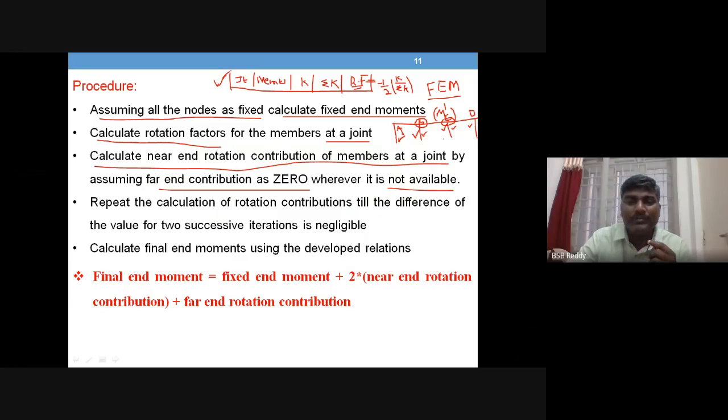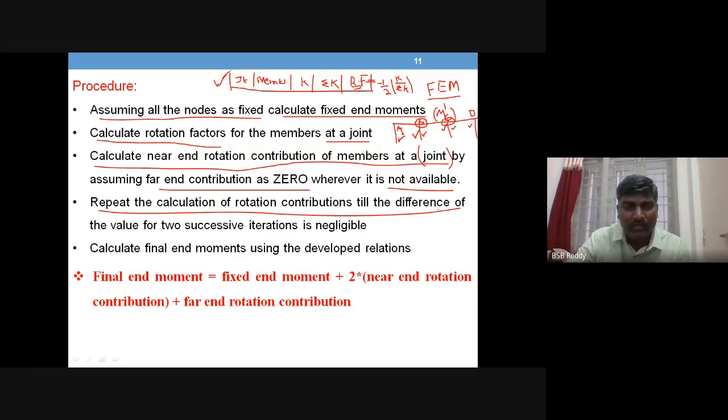Now repeat the calculation of rotation contribution till the difference of two successive values is negligible, or the two successive values are the same.